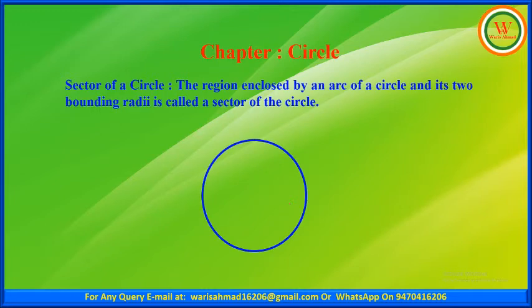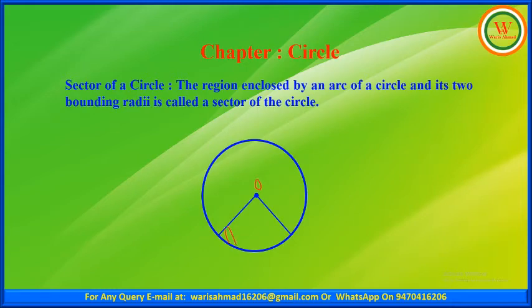So let us consider a circle with center O. According to the definition, the region enclosed by an arc of a circle and its two bounding radii is called the sector. So we have to draw two different radii. Let us consider the very first radius, and this is the second radius. The area bounded by these two radii and this arc is termed as sector of the circle.